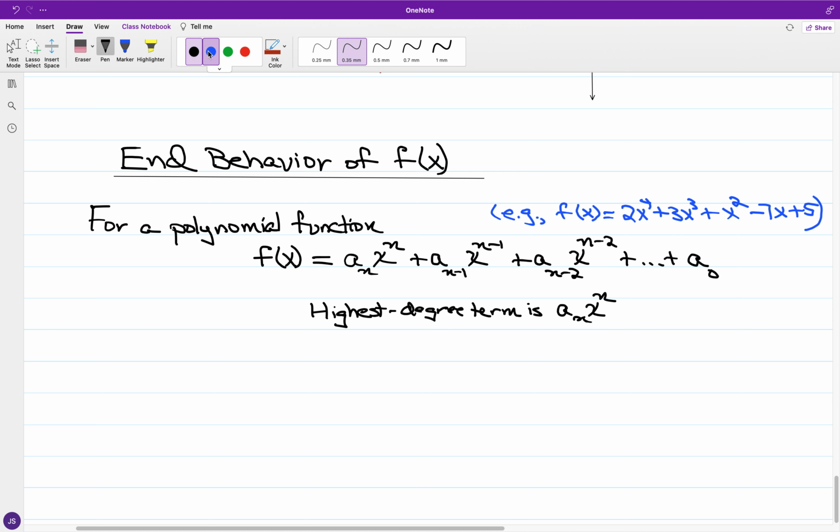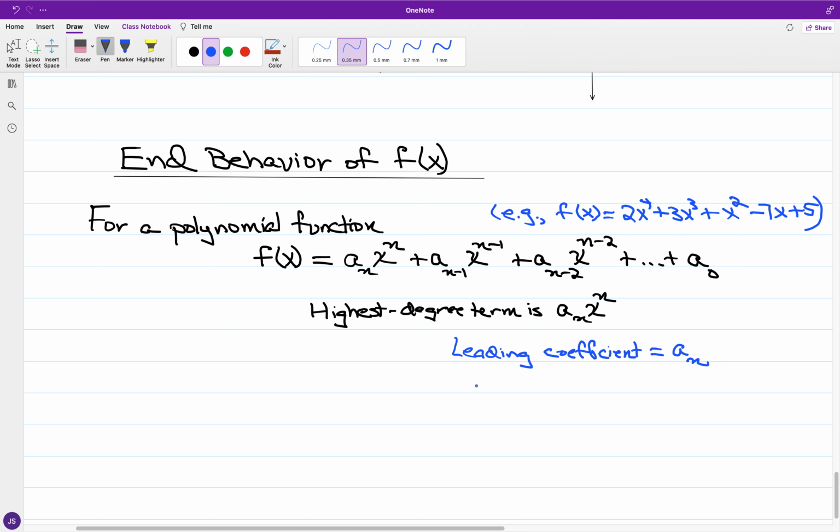You have your leading coefficient, which is going to be that a of n.